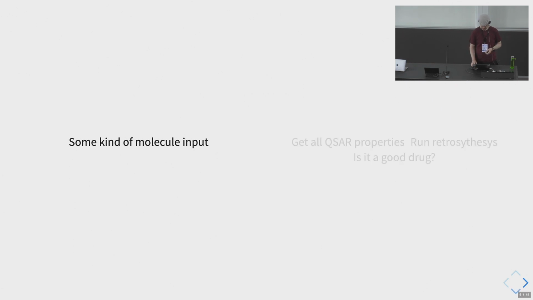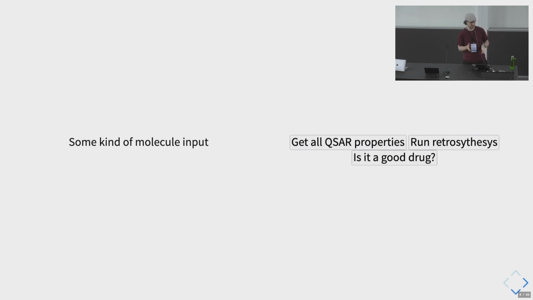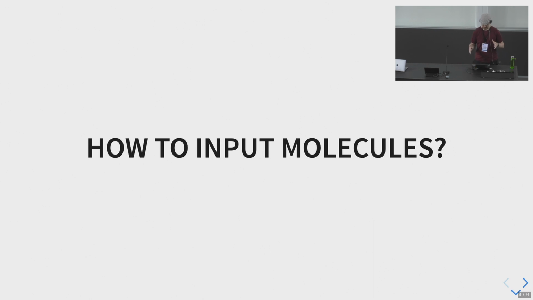So imagine that you would want to build something like this. You have some kind of molecule input, and you would want to do something with these molecules, like predict some properties, or maybe run retrosynthesis, or use some other computational tool.